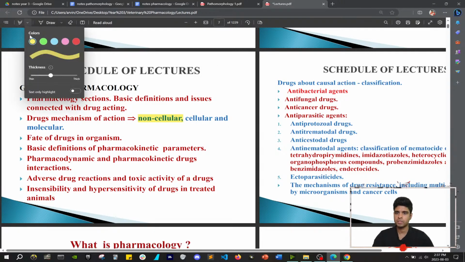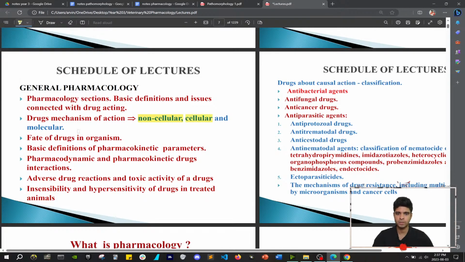This is something I really love about the Edge browser, which is not there in Chrome, where I can highlight it. Cellular, non-cellular, molecular ways by which drugs act. Fate of drugs. Basic definitions of pharmacokinetic parameters. Pharmacodynamic, pharmacokinetic. Okay, dynamic and kinetic.